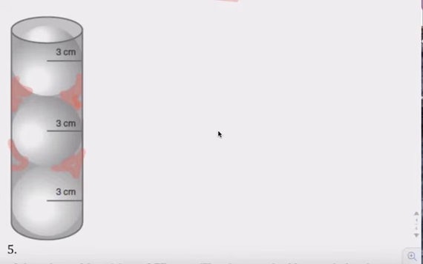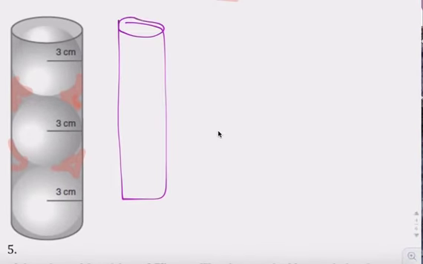Actually, the volume of the cylinder, which is, this is the radius, look. That's the same radius as up here. So the radius is 3. Each ball has radius 3, so each ball's diameter is 6. That means the diameter right here is 6, right here is 6, and right here is 6. Therefore, the height is 18.